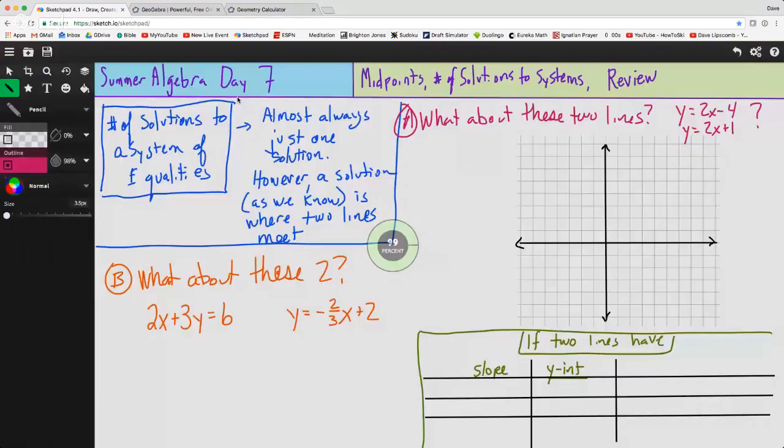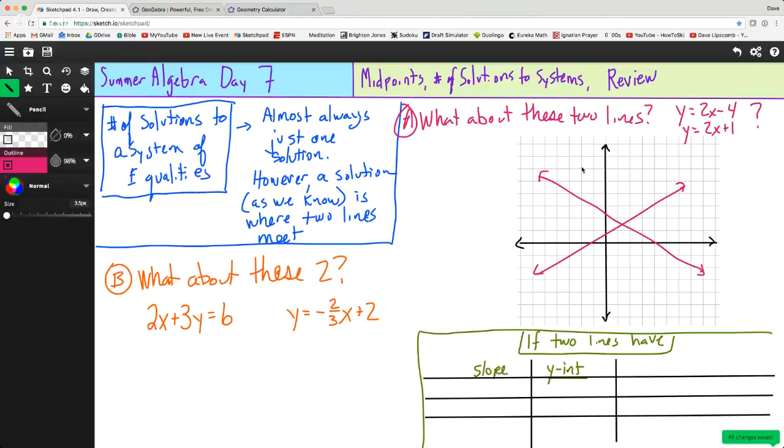And that's the number of solutions to a system of equations. Now, when we talk about a system of equations, we talk about having one solution. Because usually, if we have a line going like this and a line going like this, almost all lines will cross exactly once on a Cartesian plane.